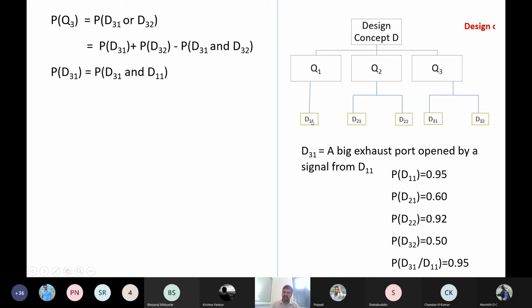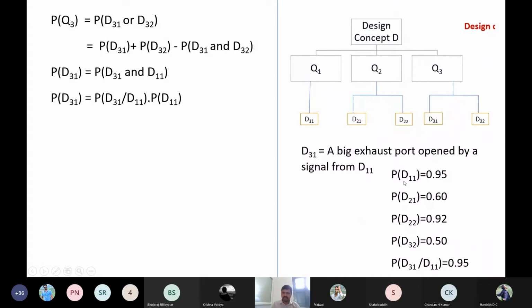So in order to get physical realizability of D31, we have to get the physical realizability of D11 also, and if both of these are solved, then you get the estimation of physical realizability for D31. That's why P of D31 will be equal to P of D31 given D11, into P of D11.